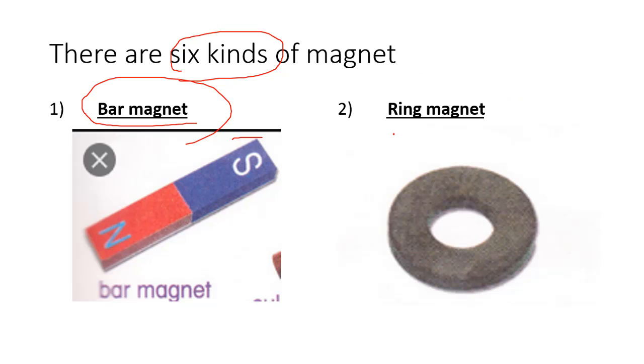The second magnet is the ring magnet. Ring magnets are mostly used in making speakers, radio speakers. There is a ring here and this is the magnet. It's called a ring because of the way it looks. It is called a bar because of the way it looks.